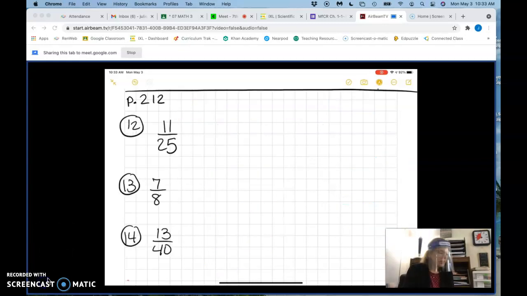For the last section, it says write each fraction as a percent. So in order to write the fraction as a percent, we need to divide the fraction, then multiply by what? 100. Great remembering. So that's what we're going to do on this section.